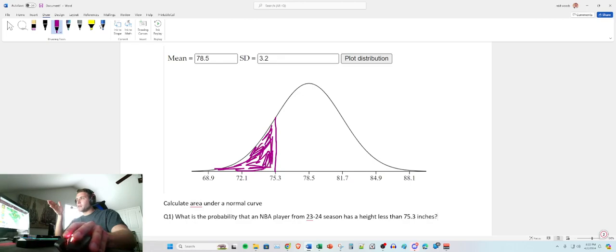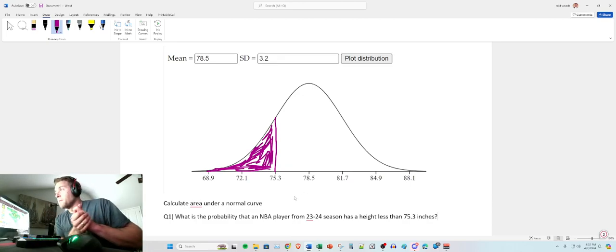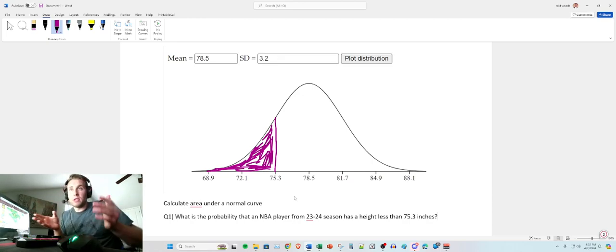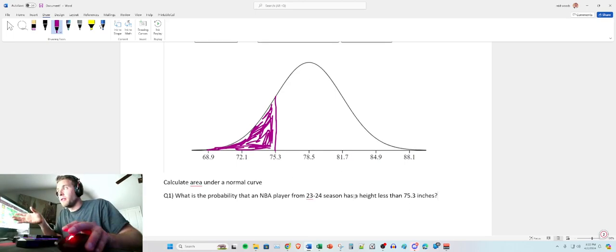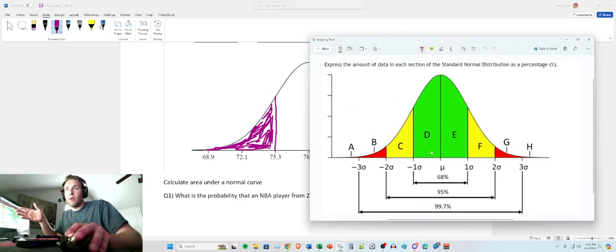Okay, that's what we're actually looking for. So I'm shading this in, and we want to know what that is. We know the entire shape is 100%. We talked about that. The whole density curve, this normal curve, is 100%. But this purple area represents a small proportion of that, a small percentage. Using this, we can help ourselves figure that out.